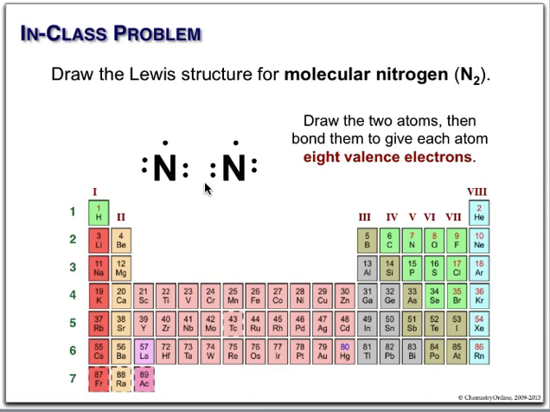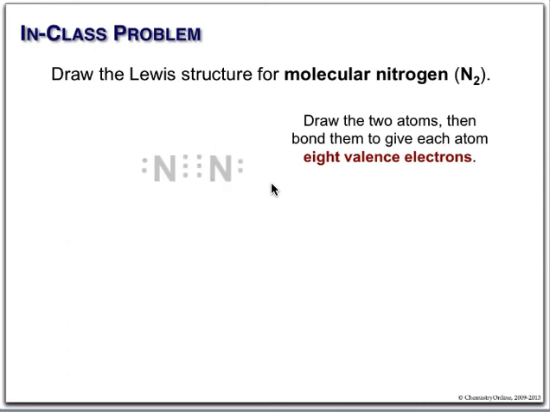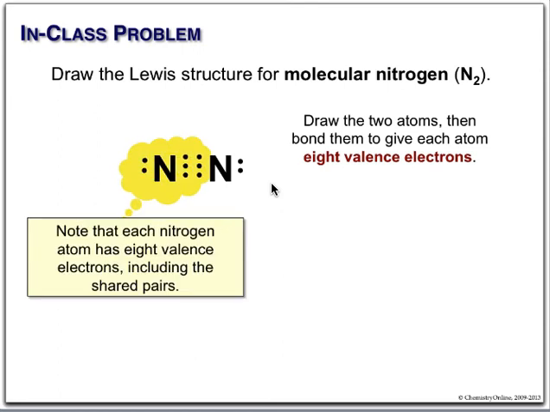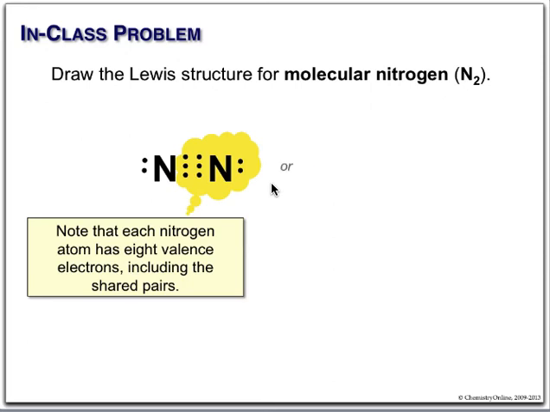Here we've moved this pair from the bottom up. We now have 1, 2, 3, 4, 5, 6, 7 electrons around each nitrogen. Doing it again, we have 8 valence electrons around each nitrogen. And we could show this in line bond this way, where we have a nitrogen-nitrogen triple bond.